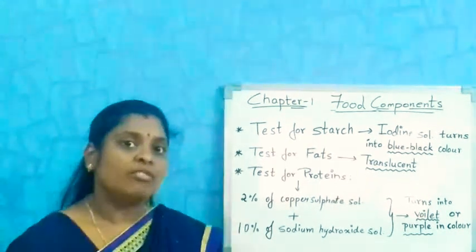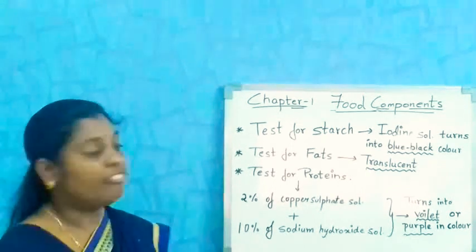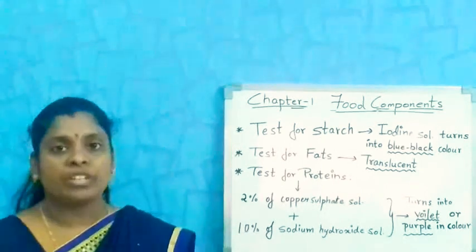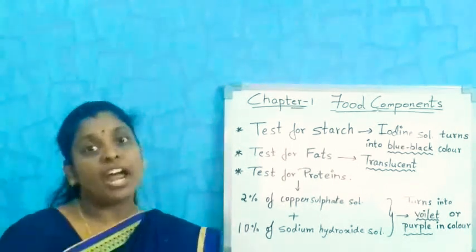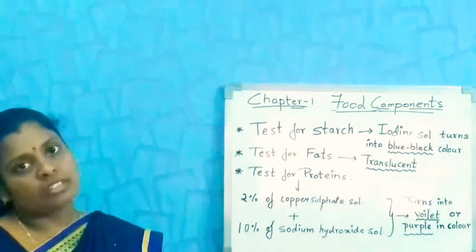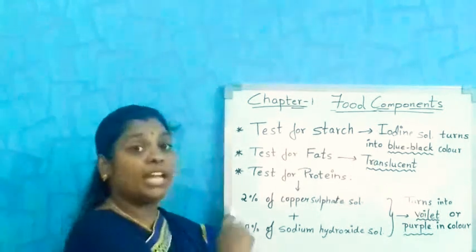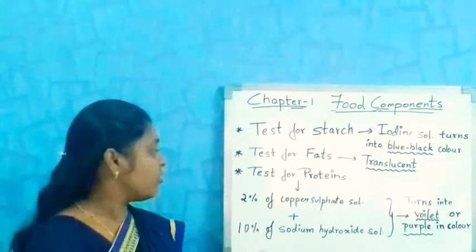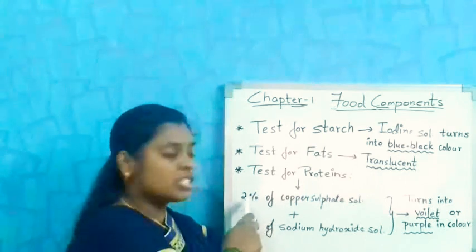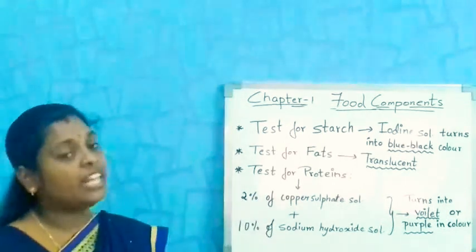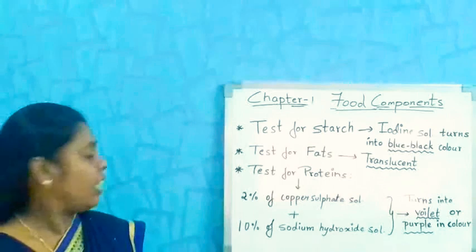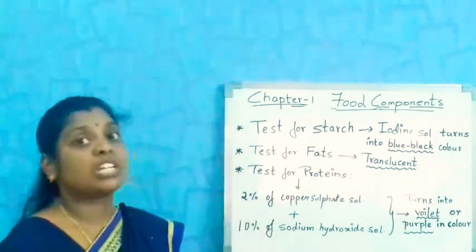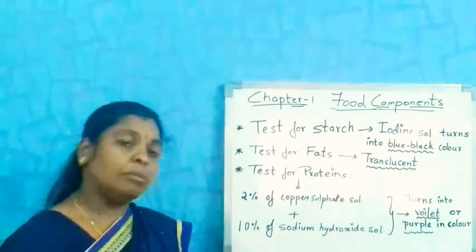Children, you may get one doubt here. Why are we adding the copper sulfate or sodium hydroxide to water? Why can't we use them directly? See, we are diluting them by adding the required quantity. Here 2 grams of copper sulfate is added in 100 ml of water, and 10% means whatever the percent we are taking, we are adding that many grams into 100 ml of water.